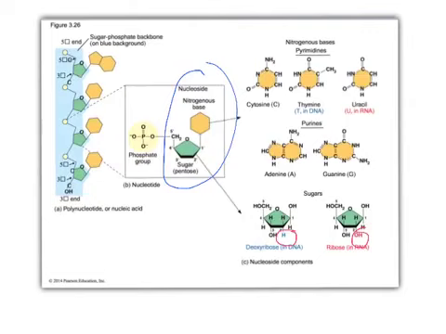Determines whether or not you have an OH or an H, which is the difference between deoxyribose and ribose. Questions on structure of these nucleic acids and the differences between the two of them up to there?